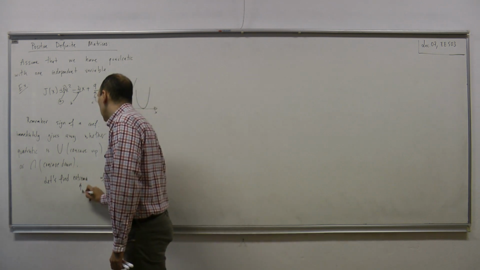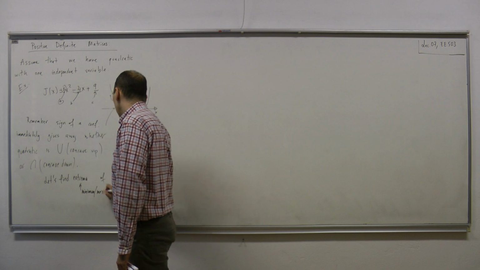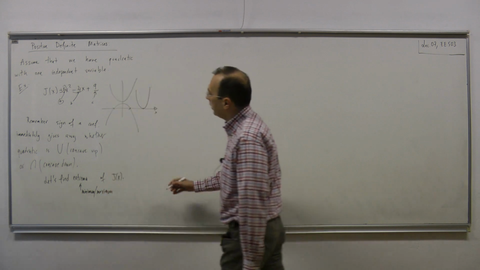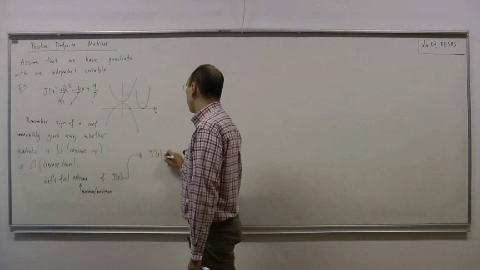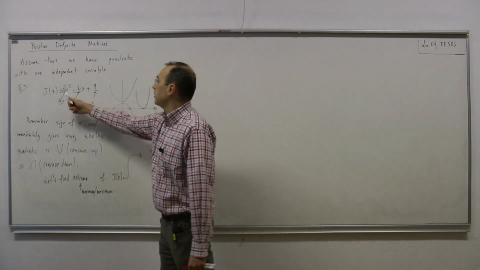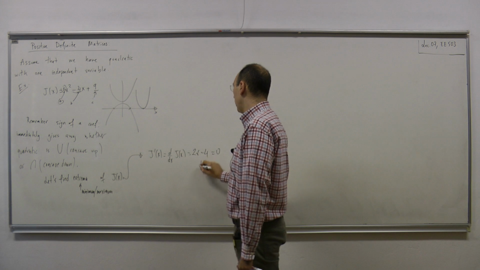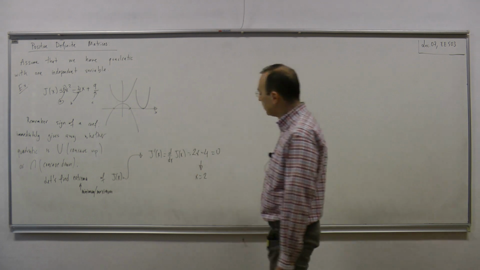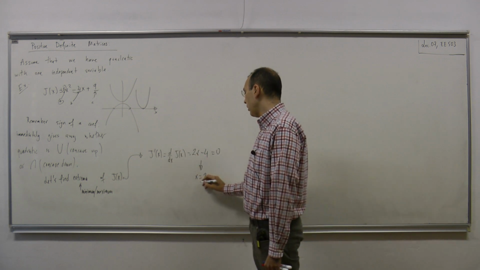It means minimum or maximum points. Well, very easy. From our basic calculus knowledge, if I take the derivative of j(x), which is 2x minus 4, and equate it to 0, I get that x is equal to 2, the point where the derivative is equal to 0.